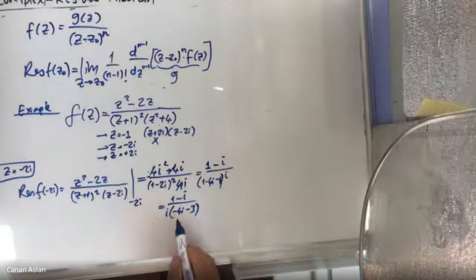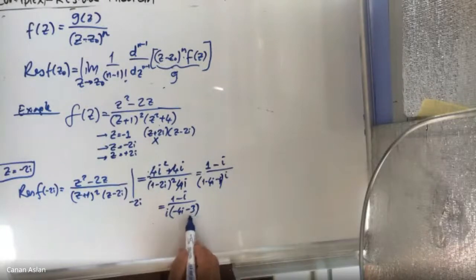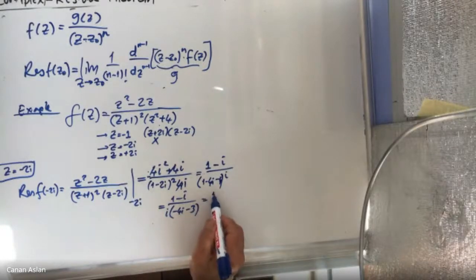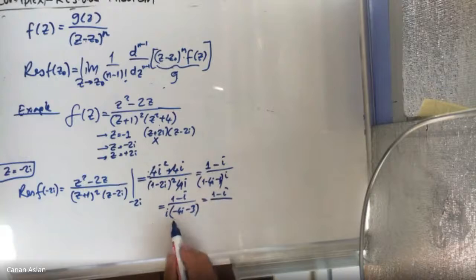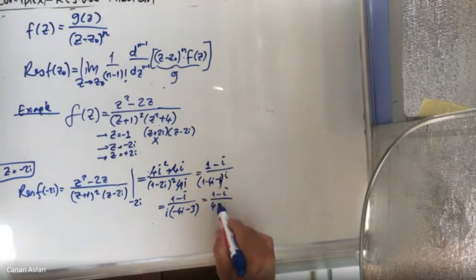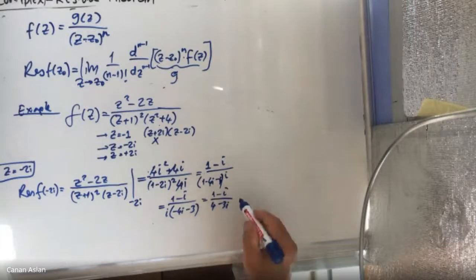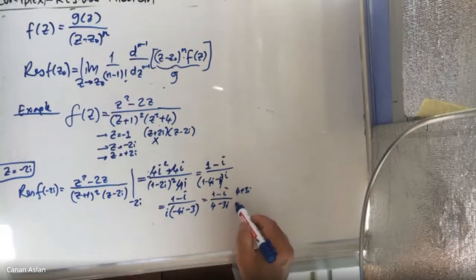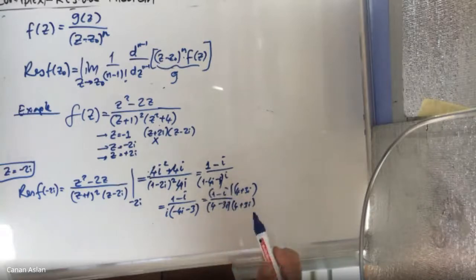Now, if I multiply these two, we get 1 minus i divided by, okay, this i times i is -1, just 4 minus 3i. Again, we multiply the top and the bottom by 4 plus 3i, okay. If you multiply, this is what we get.